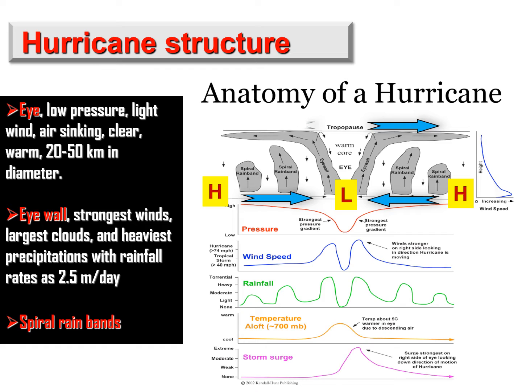At the top, aloft, the air is outflow, not inflow. This is called divergence. Why? Pressure difference.